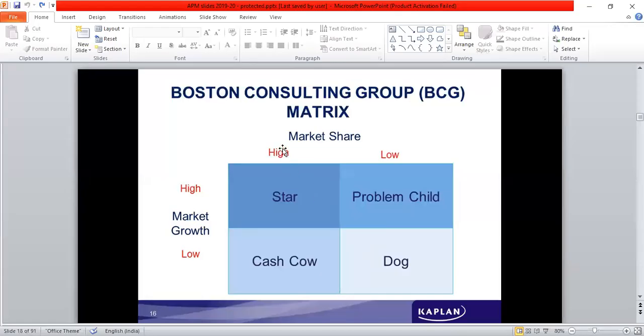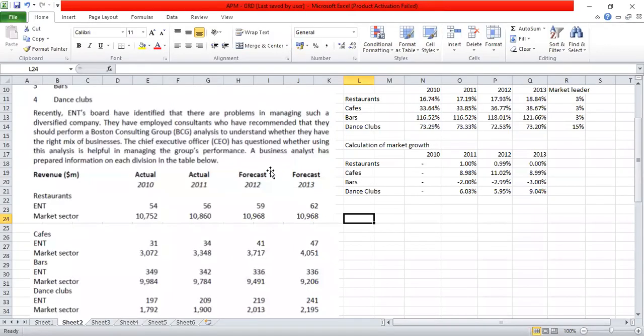So the combinations are: both high, star; market share low and growth high, problem child; share high but growth low, cash cow; both low, dog. So now we need to categorize these 4 of them.